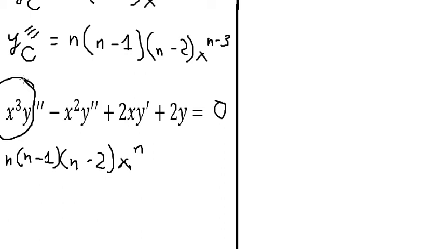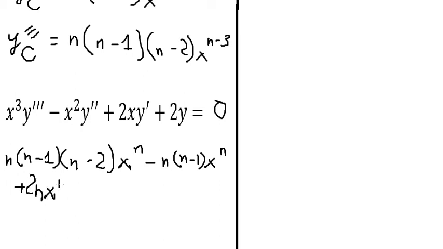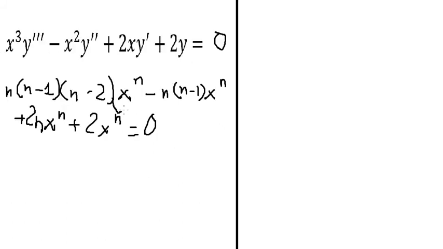That's it from here. Now let's go to the next one. That's s to the power of n. And the next one, 2n s to the power of n. And the last one, that's 2 s to the power of n. Now we have s to the power of n, so we can do factorization here.